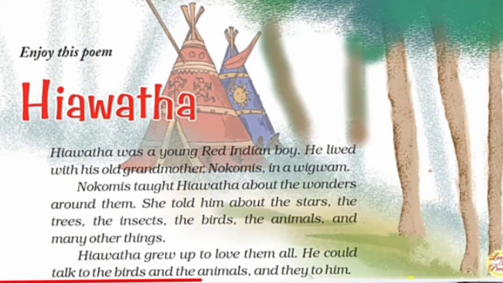Hiawatha grew up to love them all. He loved all the animals and birds. He could talk to the birds and the animals, and they to him. He could understand what birds and animals are saying.